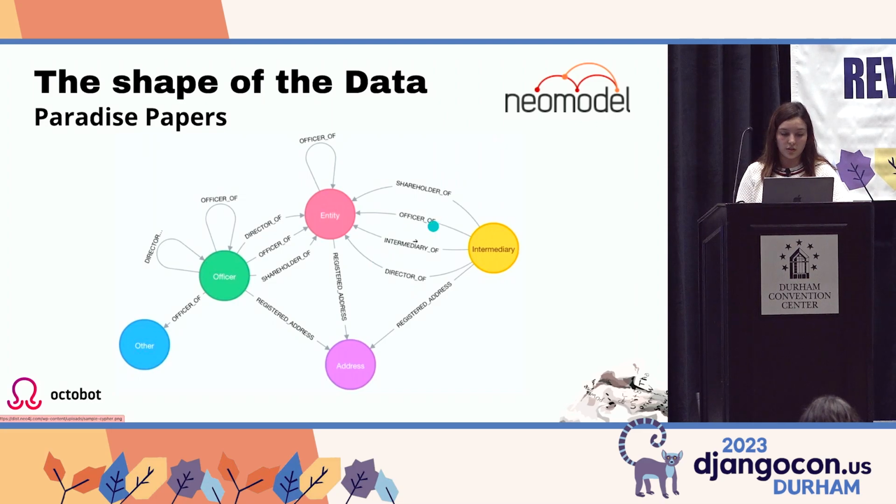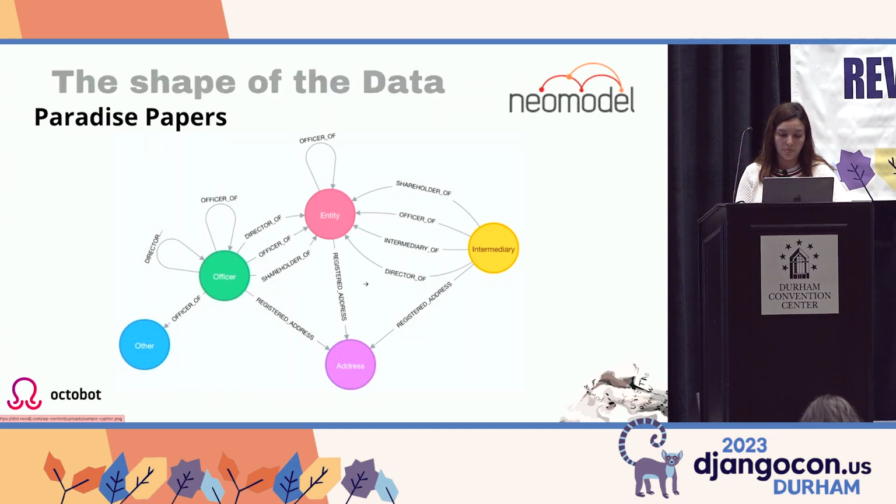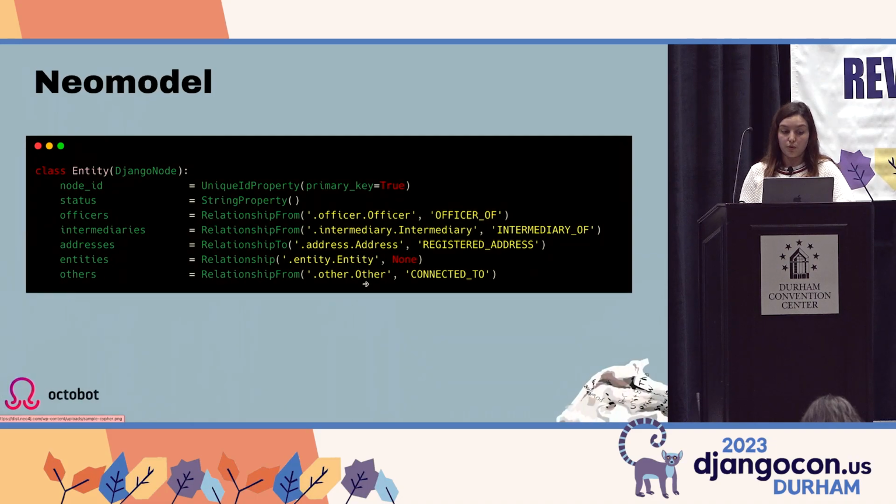So these are all the possible relationships, but I only use a pair of them. For example, for entity, the relationships can be defined using RelationshipFrom, RelationshipTo, or Relationship. As I said before, it's quite similar to how we work in Python.